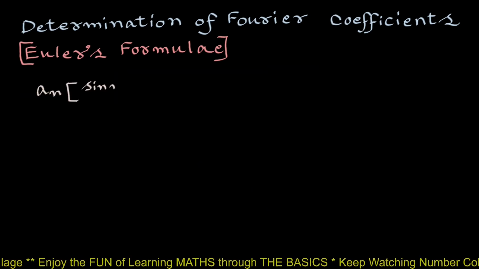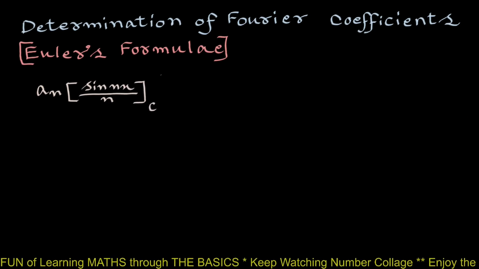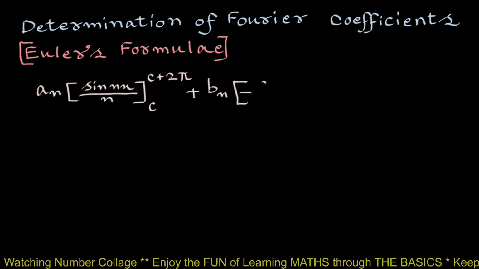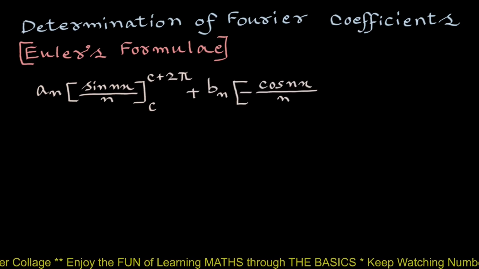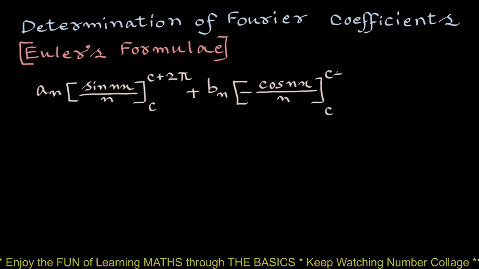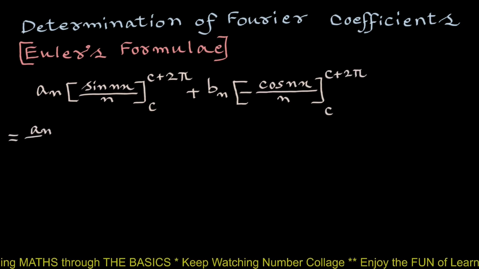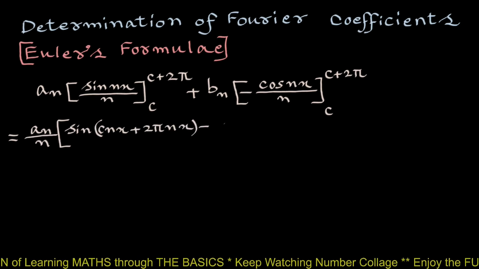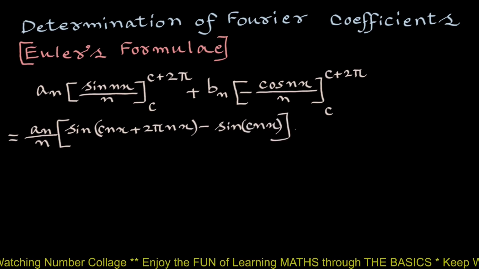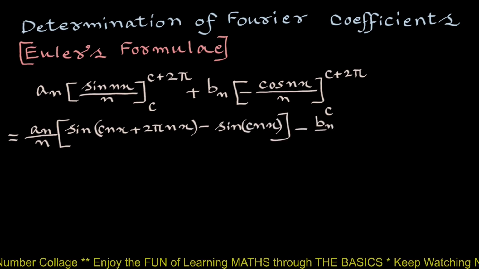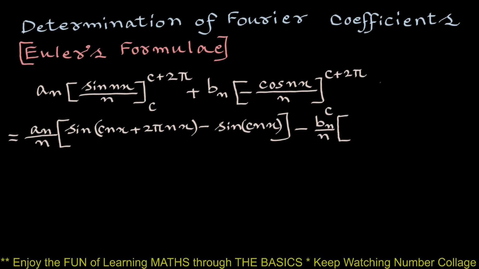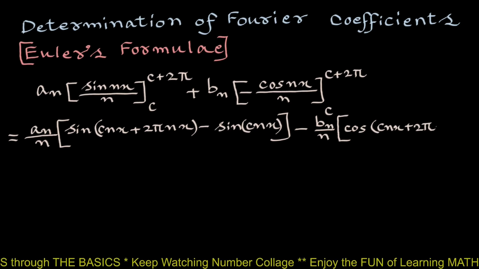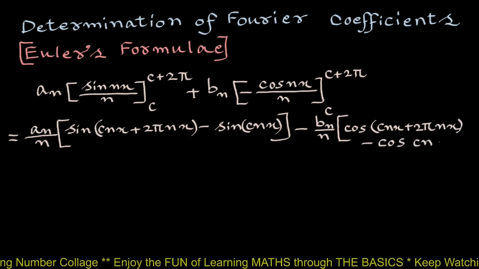So an sin nx upon n from c to c plus 2 pi plus bn minus cos nx upon n from c to c plus 2 pi will be an upon n [sin(cnx plus 2 pi nx) minus sin cnx] minus bn upon n into, similar to this, [cos(cnx plus 2 pi nx) minus cos cnx].